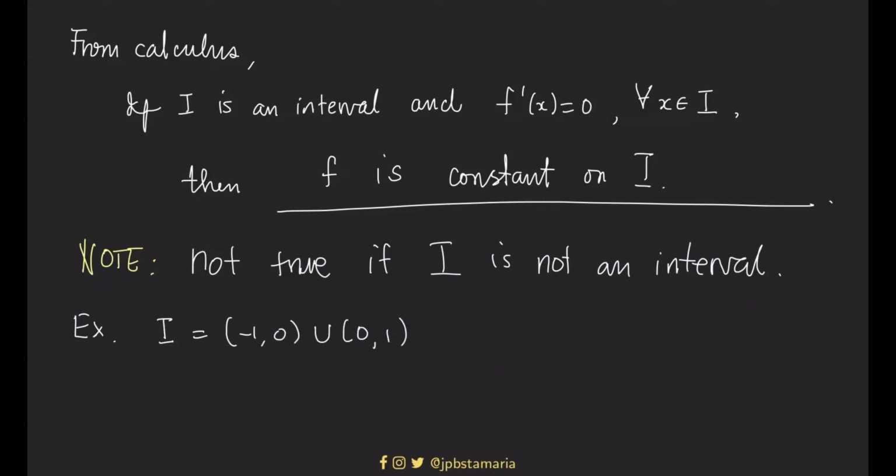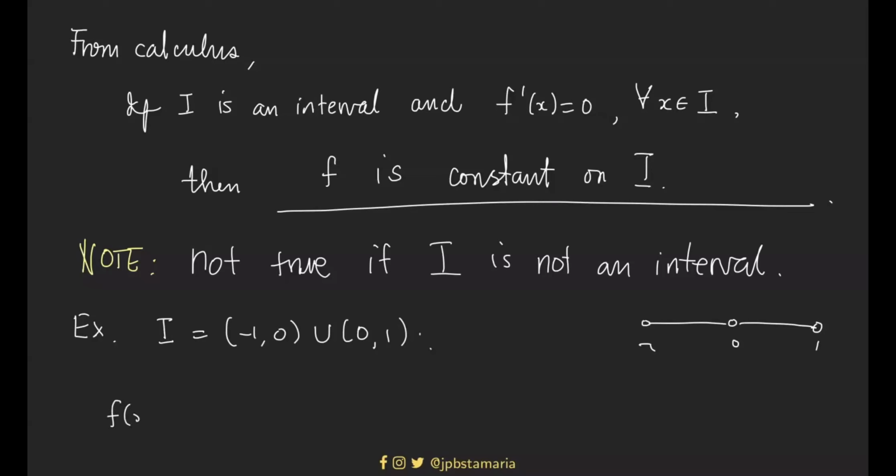Not an interval kasi putol yan. Hindi siya connected. Ang magic word dyan talaga ay yung word na connected. Kasi sa real number line, yung word na connected, it only means an interval.